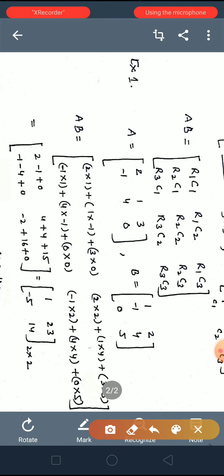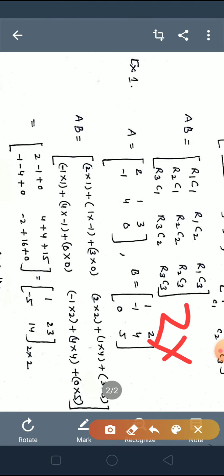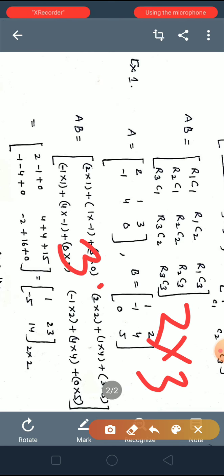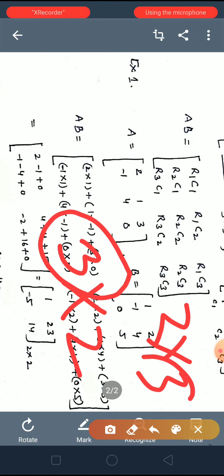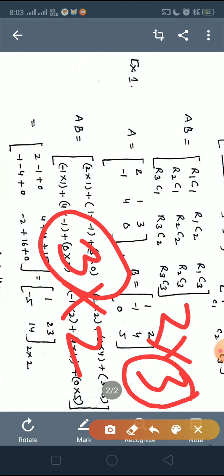For the product AB, we must have the number of columns of A equal to the number of rows of B. These two must be equal, which is satisfied here. So I think the product will be possible here, and the resulting matrix will have order 2 cross 2.